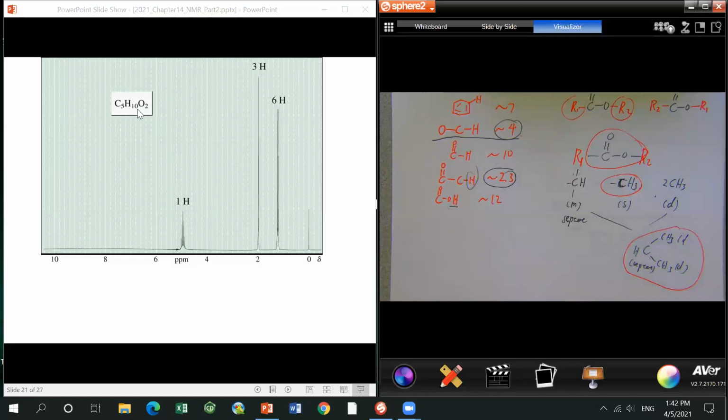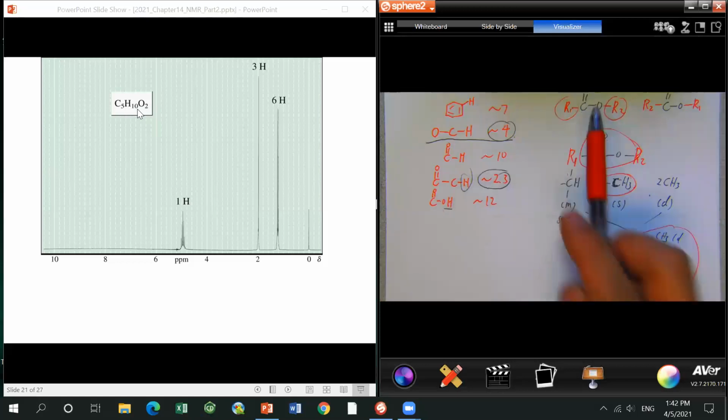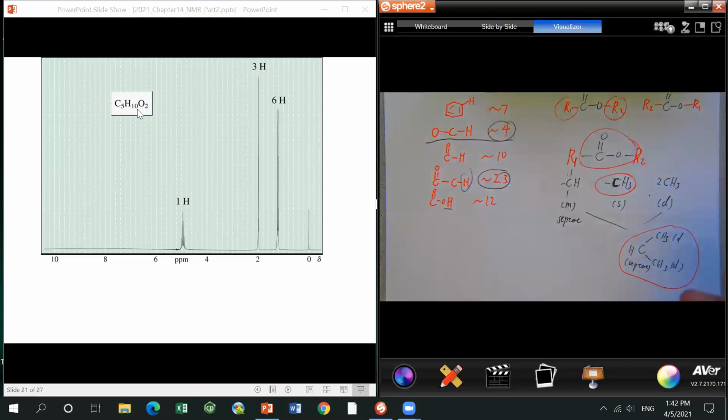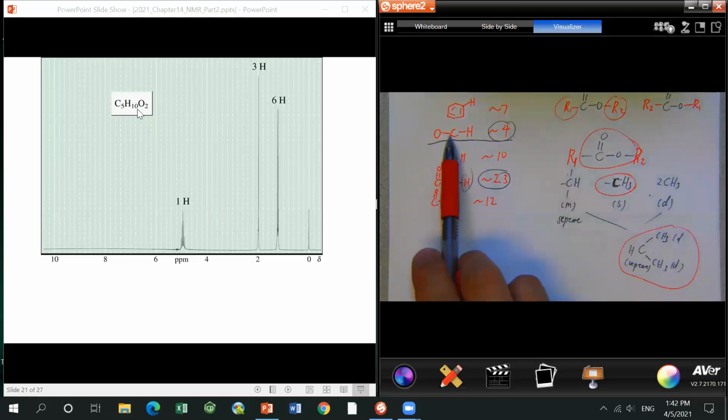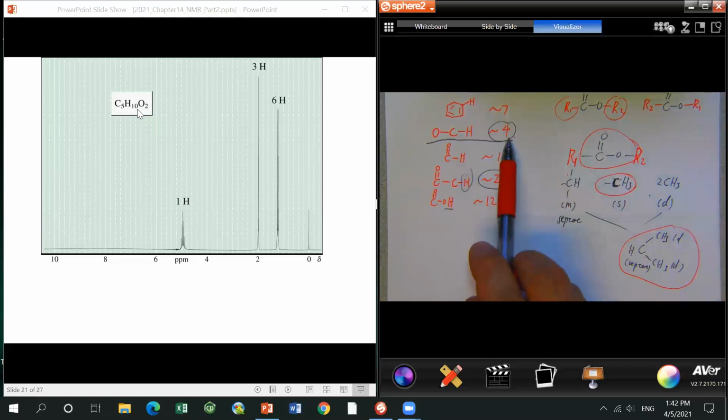How do we determine the ester structure? Yes, that's right, isopropyl is bound to oxygen. Pretty good. Keep in mind that the functional group bound to oxygen has a higher chemical shift, and the one bound to the carbonyl has a lower chemical shift. Looking at the NMR spectrum, in isopropyl the CH has a much higher chemical shift than the CH3. That is how you identify it.